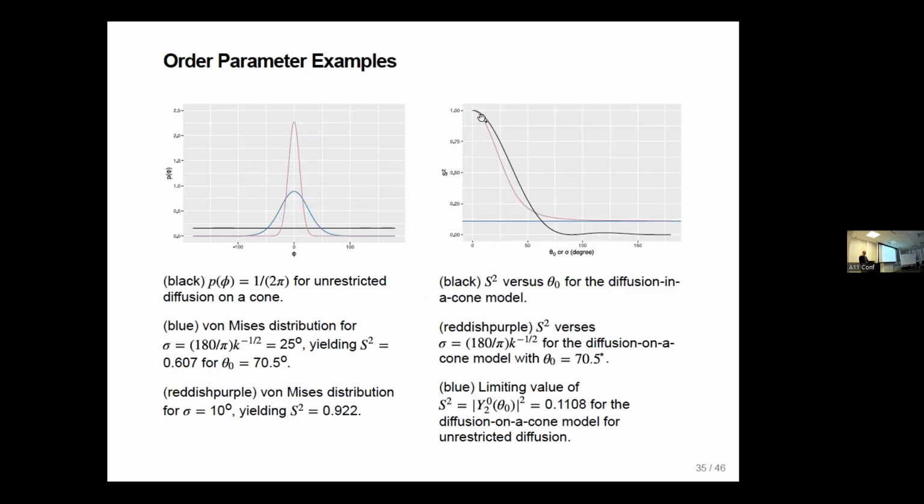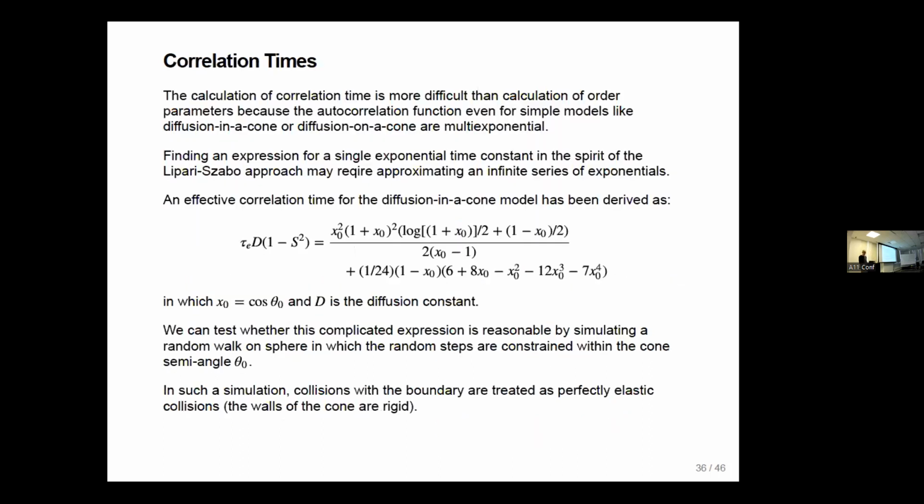So blue is diffusion in a cone, and pink is diffusion on the surface of a cone. And obviously with diffusion on the surface of a cone, there's some limiting value of the order parameter, because all you can ever do is go all the way around the cone. You can't explore all space. So there's just two examples.